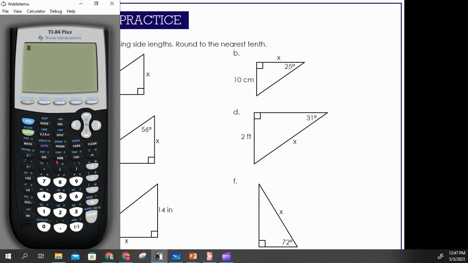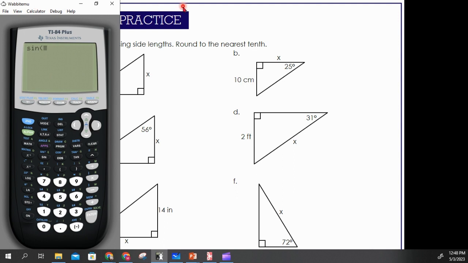What we're going to need to do is, inside of this parenthesis for sine, we put the angle that we are seeing inside of our triangle. Now, it may not actually be sine, it could be cosine, it could be tangent. It depends on what sides they give you that you're looking for. So, I'm going to walk you through a couple of these so that hopefully it makes more sense.